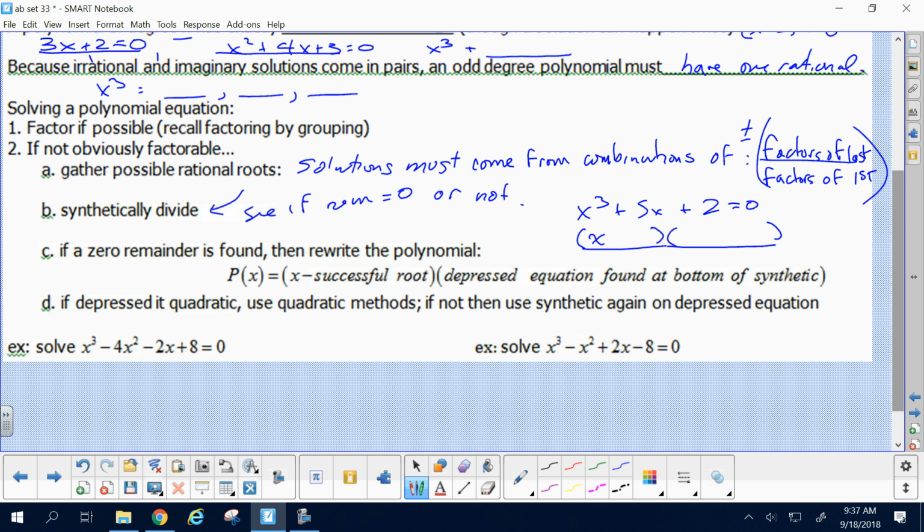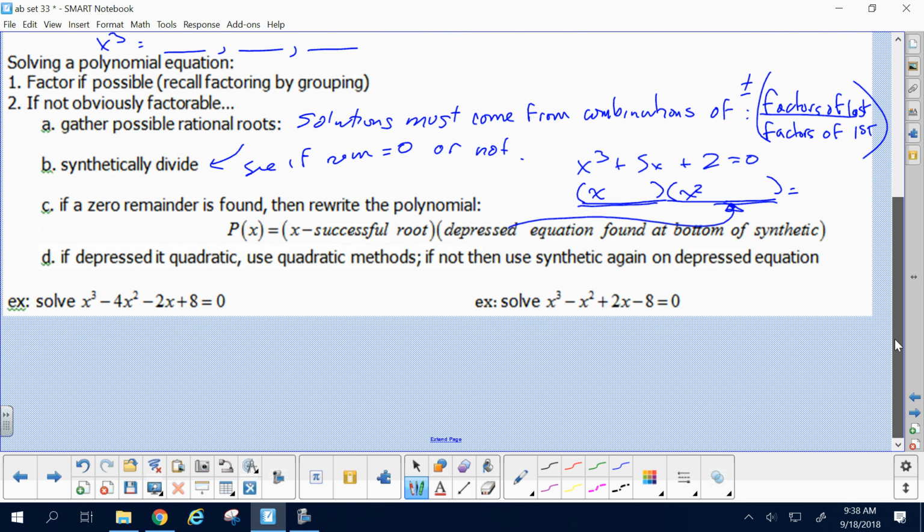The rest of the stuff must be, if I take x cubed and divide out an x, I'm left with an x squared equation. Now that's called a depressed equation. After you divided out something successfully, what's left, the quotient, is called the depressed equation. You then try and solve the depressed equation. All right, I know I'm going fast, but it's review, so you better be good.